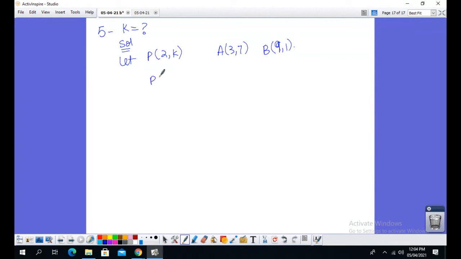From the given statement, the distance from P to A and the distance from P to B are the same.